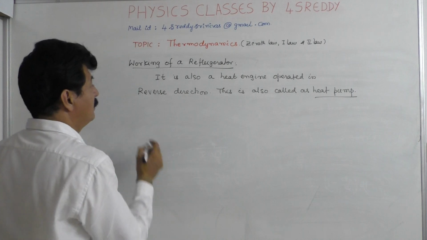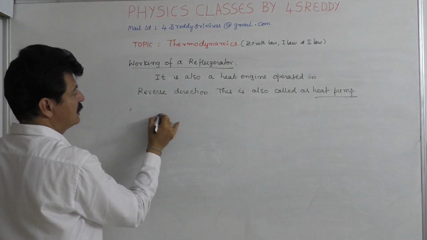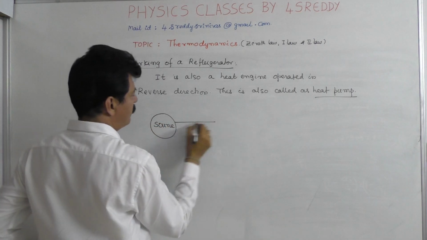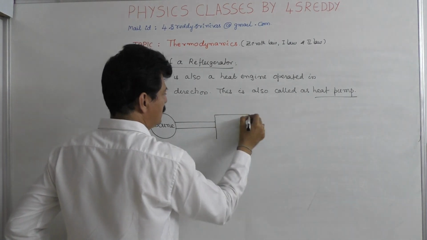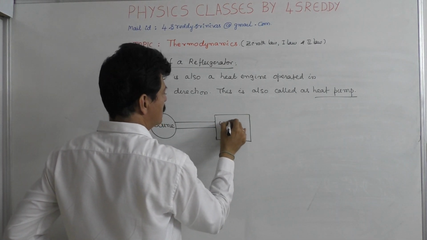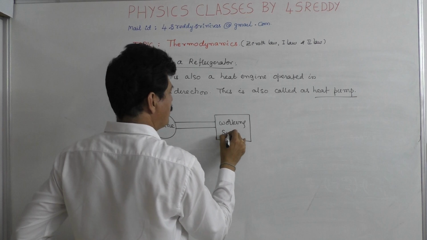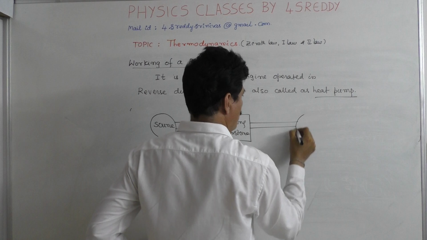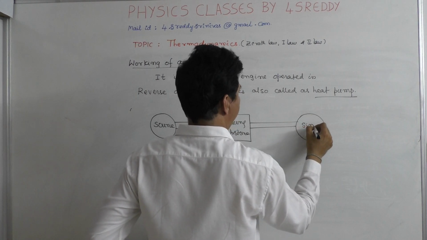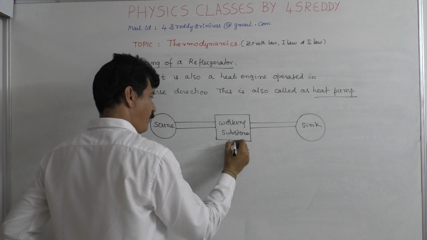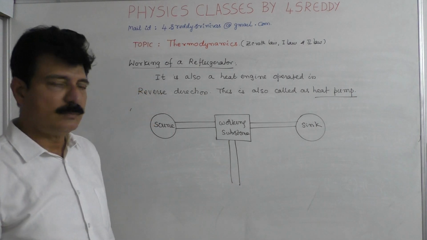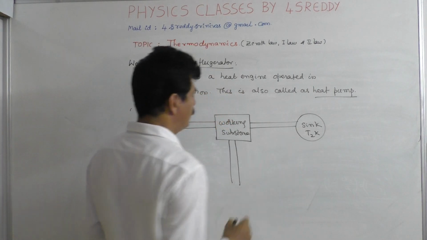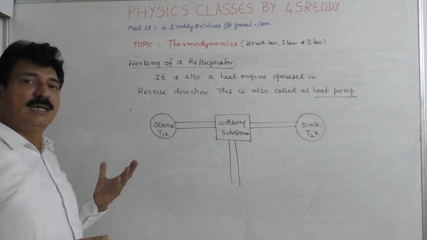Here the basic working, if you consider, this is the source, this is the working substance, and this is the sink, like this. Source is at T1 Kelvin, sink is at T2 Kelvin. Here it is working in reverse direction.